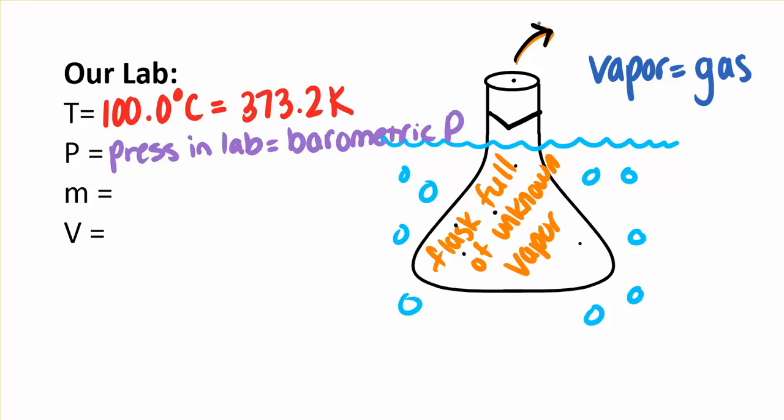Another way to say that is if every lab group had the exact same size of flask, by the time we got our temperature up to 100 C, everybody's flask would have the same exact number of molecules in it, even though some people have different size molecules, some people have different compounds. Anyway, it's interesting to me that the same number of molecules would be in everybody's flask. That's the way that works out.